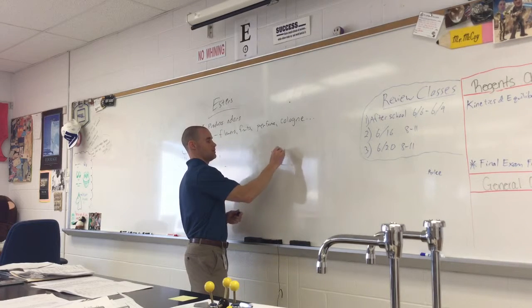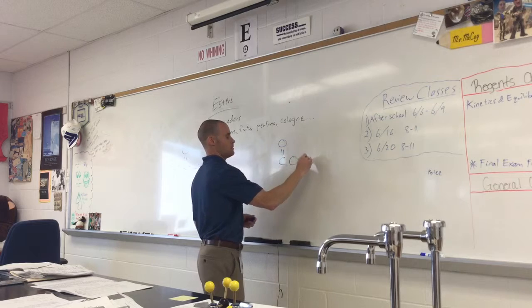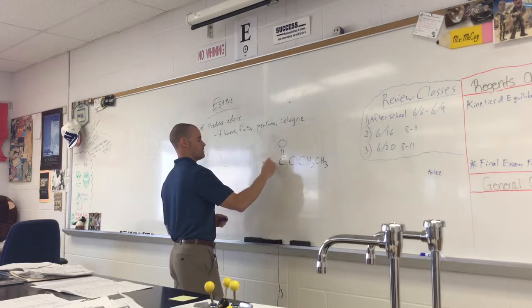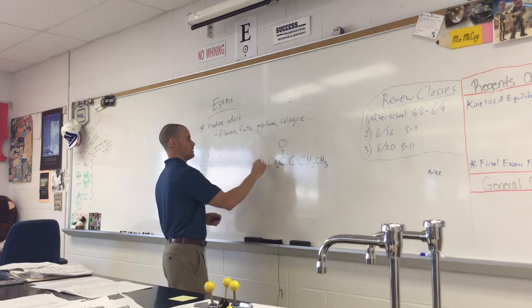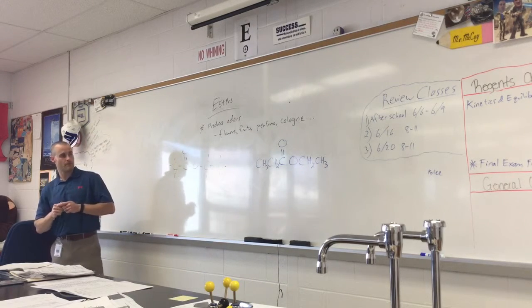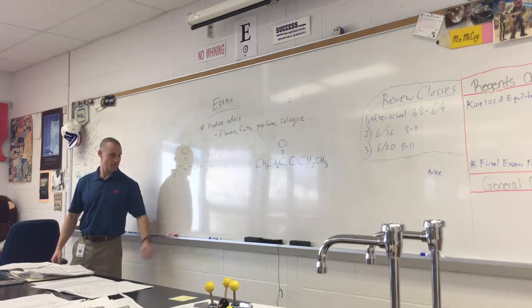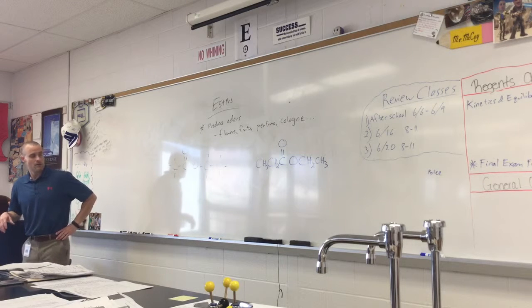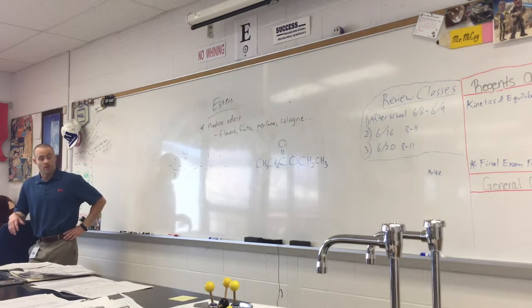Let's do C double bond O. So again, maybe what I did, cover up that oxygen, and then name the right and name the left. You just got to remember which one gets the OATE and which one gets the YL.